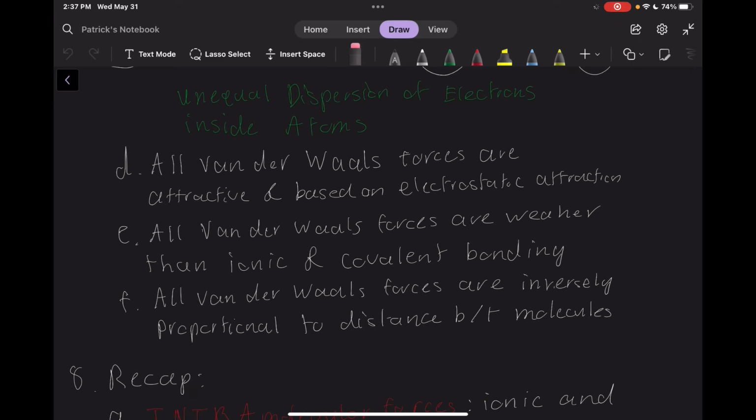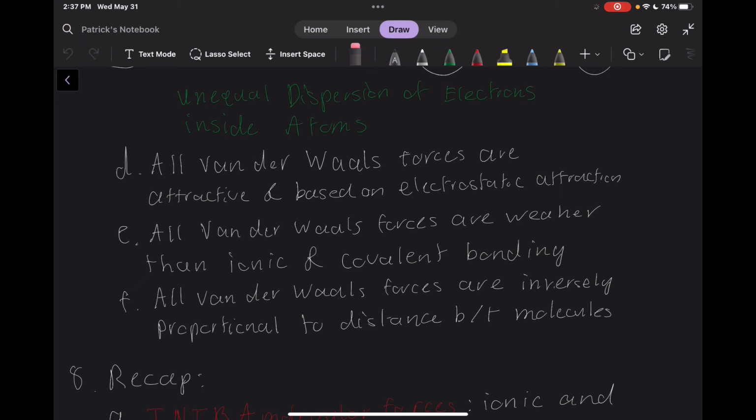Our third and final statement is that the strength of all van der Waals forces is inversely proportional to the distance between the molecules being considered. We might remember from our math classes that if two variables are inversely proportional, one decreases when the other increases, and vice versa.